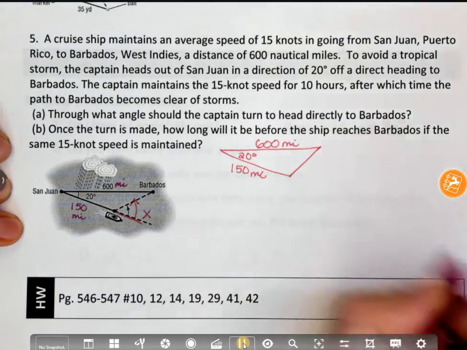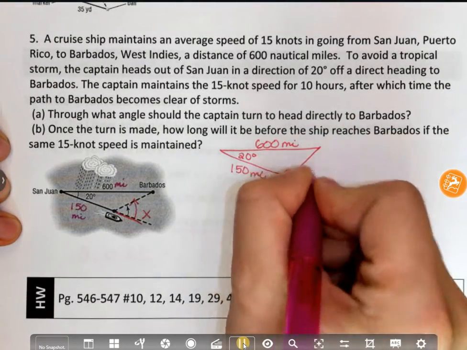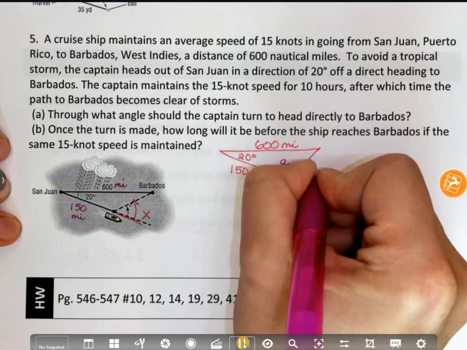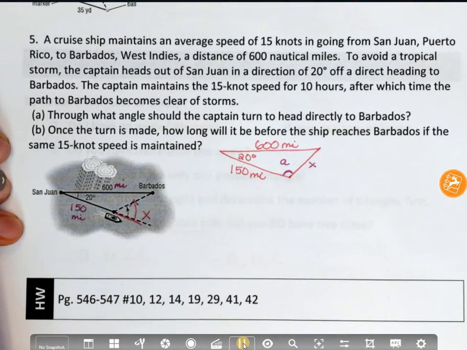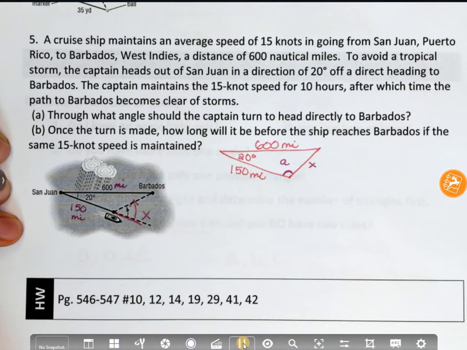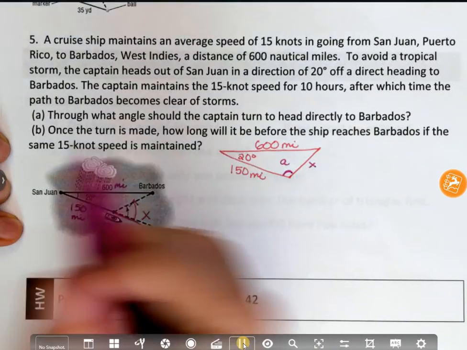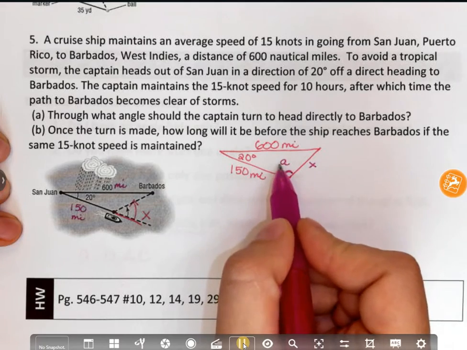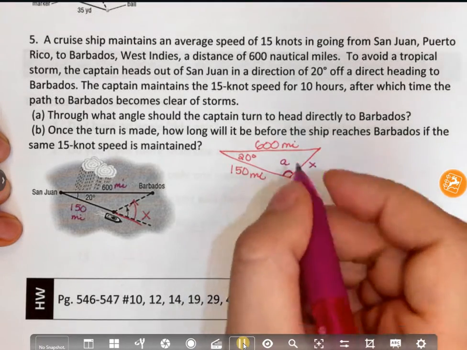And I'm going to need to find two things. I'm going to need to find that and that, where A is the angle. What do I have to start with here? Don't really have a choice. Law of cosines. Because do you have an angle side pair? Not a completed one. So if I'm going to solve for this angle, I'm going to do this, and let's say this way.